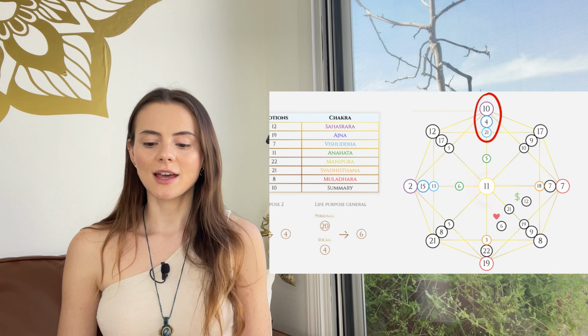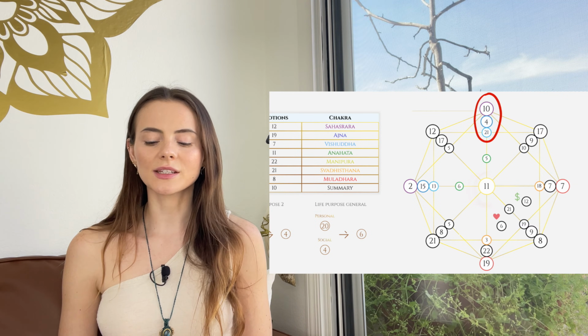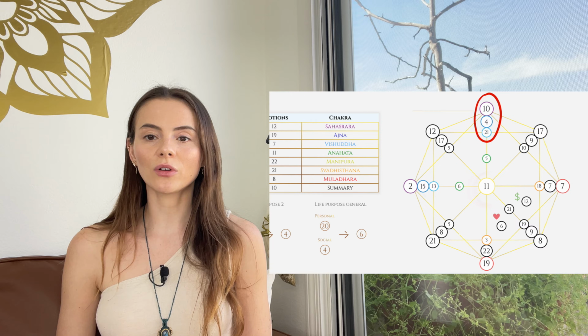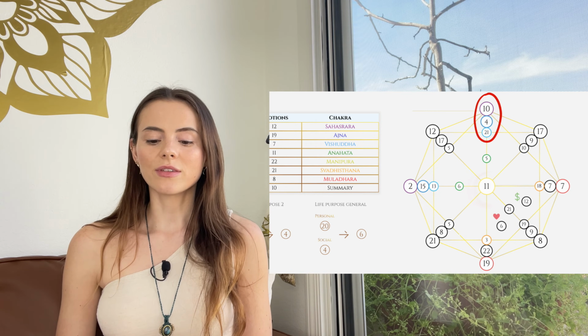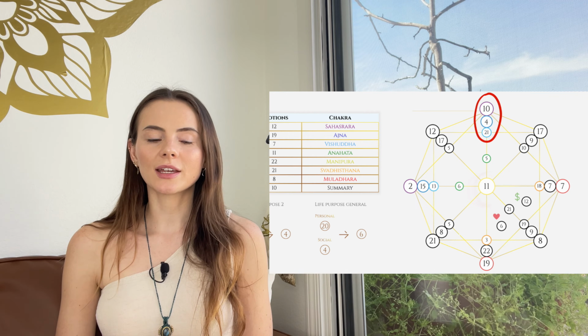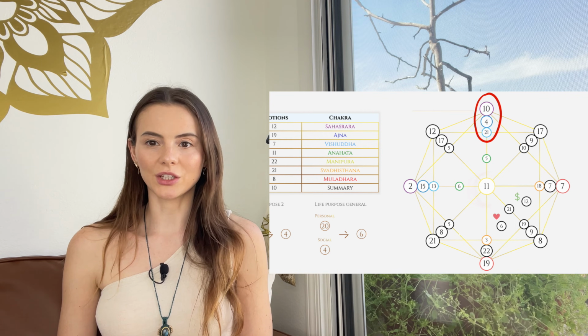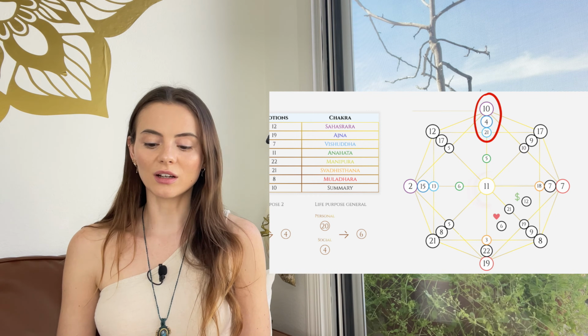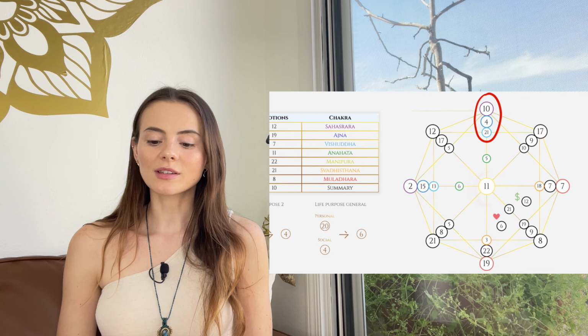Then there is the opposite of that, on the very top, in a purple circle, in this case it's 10, and then 4 and 21. These three energies are called the talents. So it's basically the opposite of the karmic tail. It's the three energies that represent positive baggage that you brought with yourself into this lifetime.